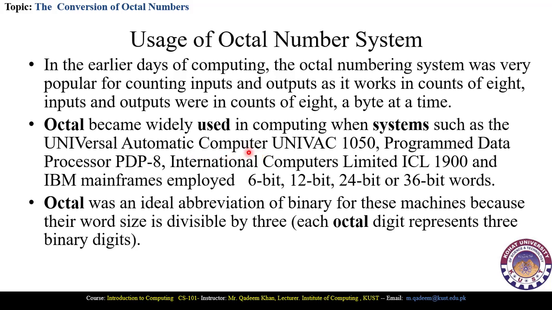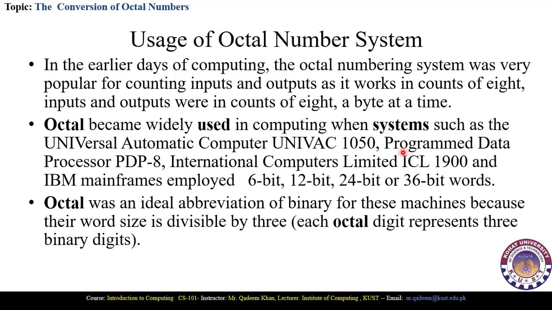So this was the first digital personal computer which was used for personal applications, and the main purpose of this computer was to perform arithmetical operations on data. So that's why, because here the input and output were provided in the form of the octal number system, UNIVAC 1050 was the first computer that was using the octal number system.